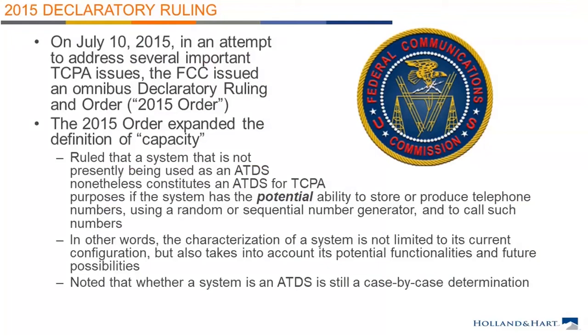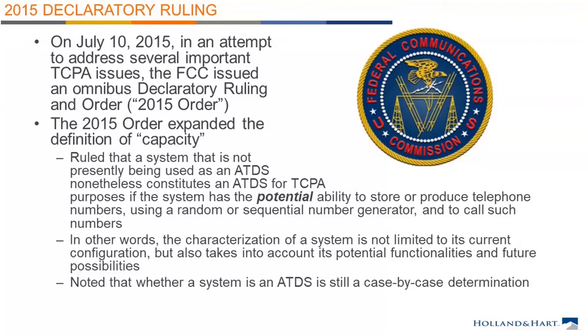I think the effect was something different from the clarity that I think was intended. The order dramatically expanded the definition of capacity that we talked about a few minutes ago in the ATDS definition.